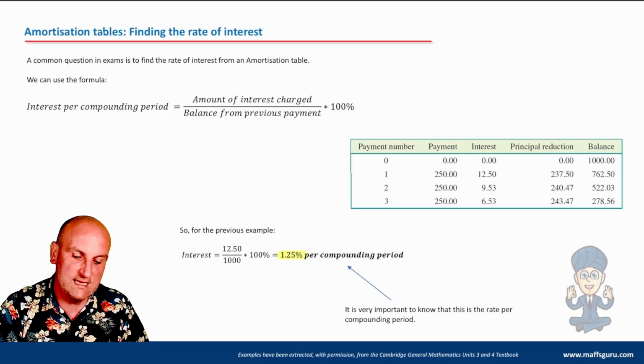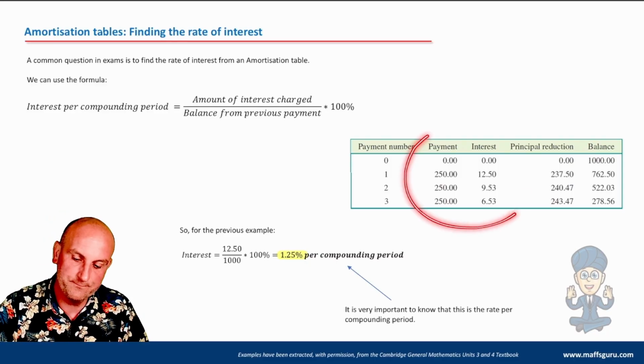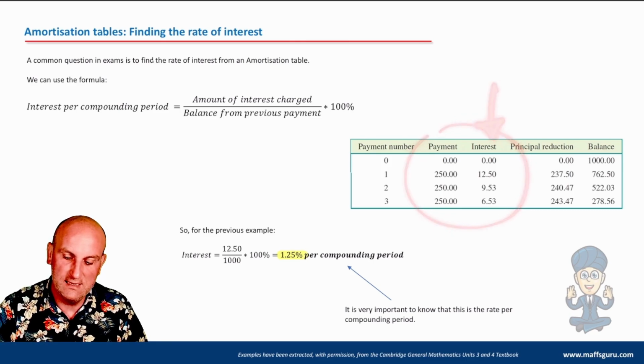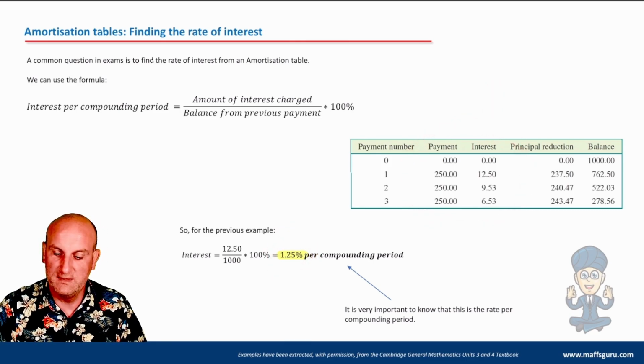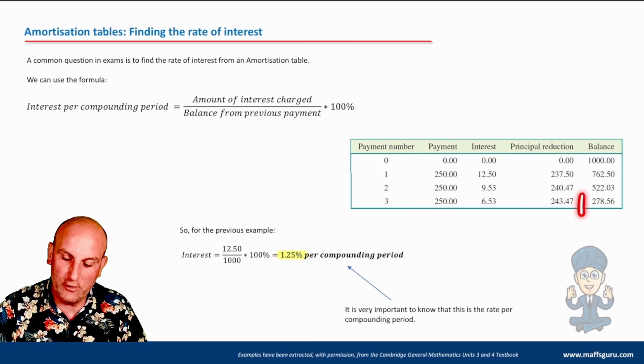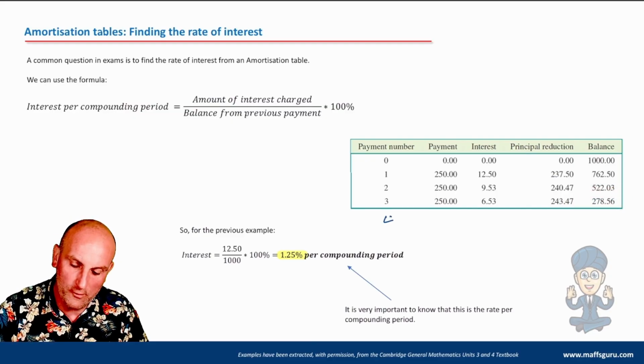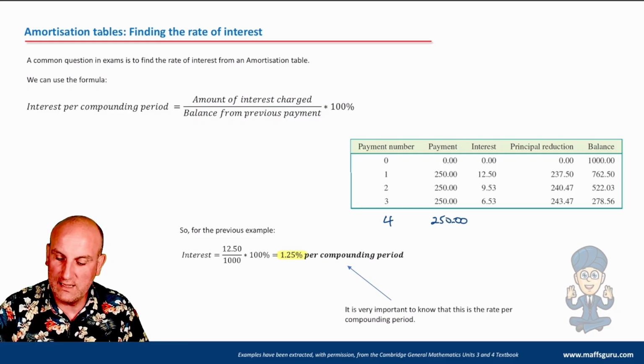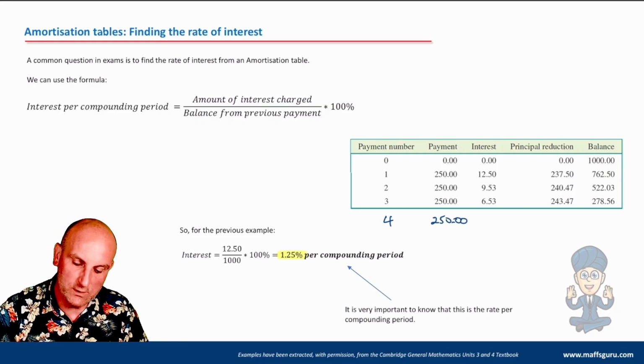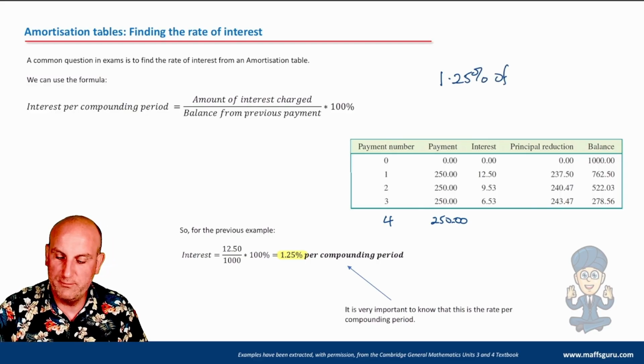So we know, as I say, for this particular table here, my rate of interest is 1.25%. So if I wanted to find out the interest on this, right, if I was going to have table number 4, all right, and I had another $250, and I wanted to work out my interest, I would be wanting to work out 1.25% of my previous balance.